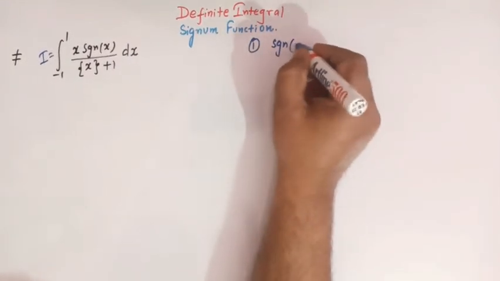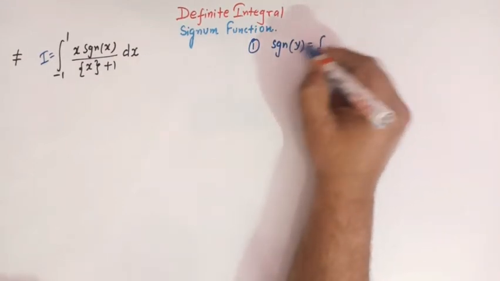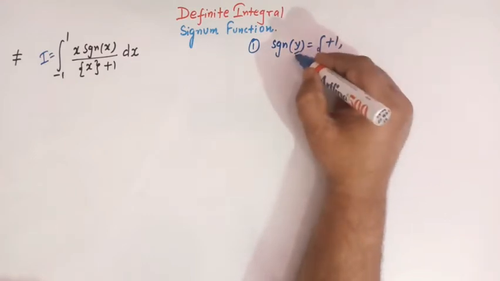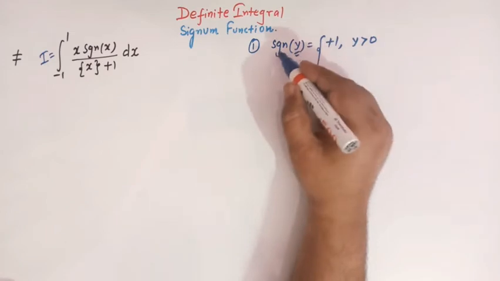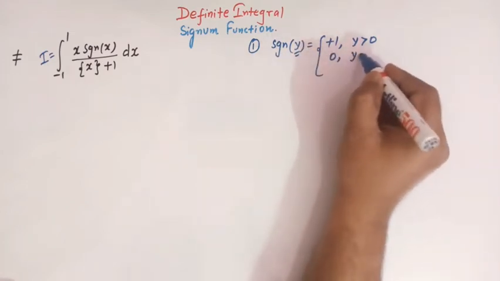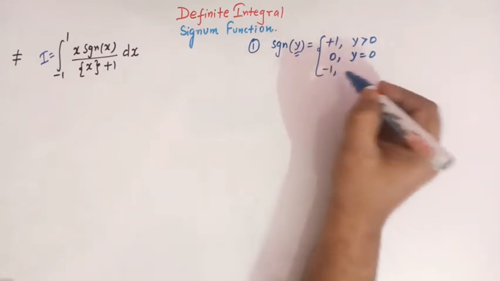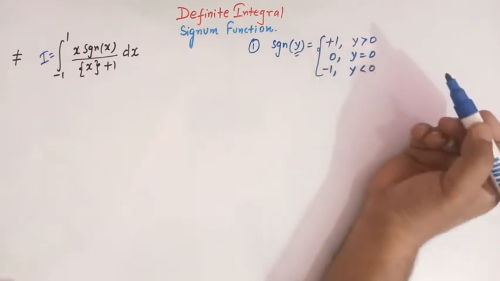The signum of y is equal to +1 whenever y is greater than 0, signum of y takes the value 0 whenever y is equal to 0, and signum of y is -1 for all values of y less than 0, right?